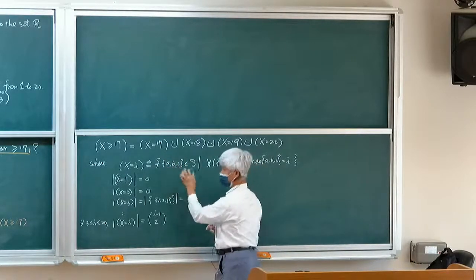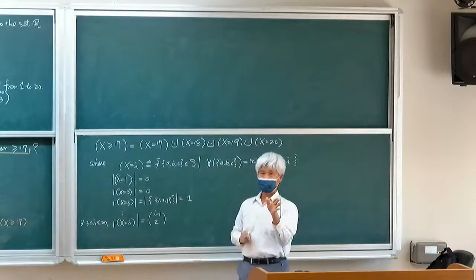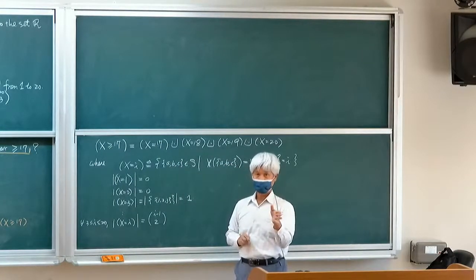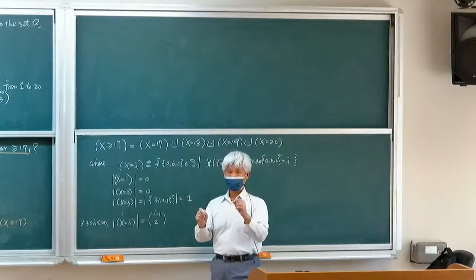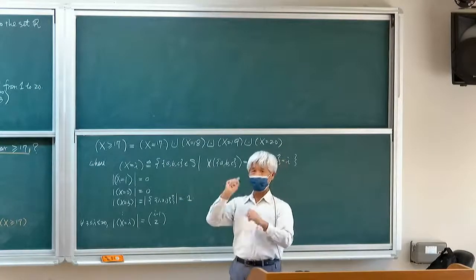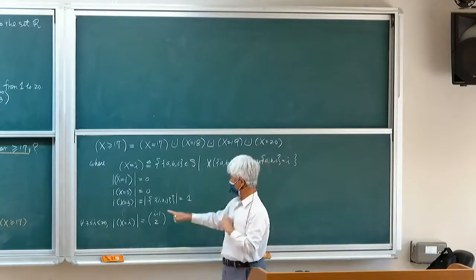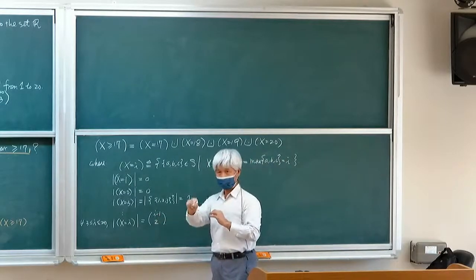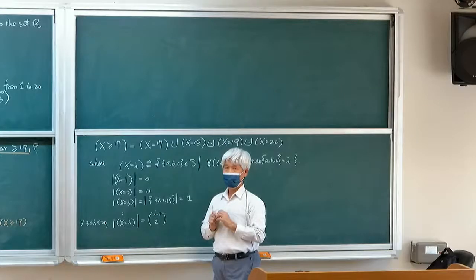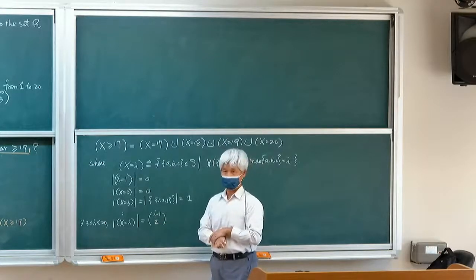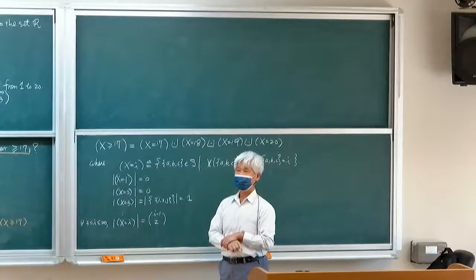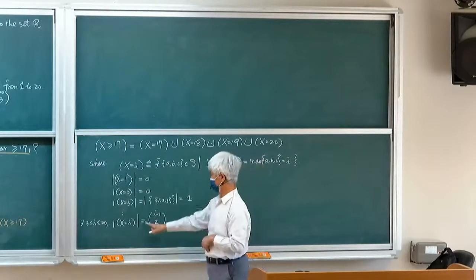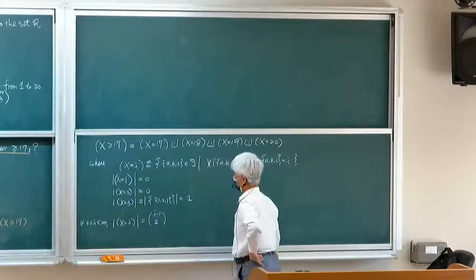The other two should be less than or equal to i minus 1. So A and B should be selected from 1, 2, 3 up to i minus 1. You have i minus 1 balls to select from, and you have to select 2 out of these i minus 1 balls. Is that clear? So that is the size.